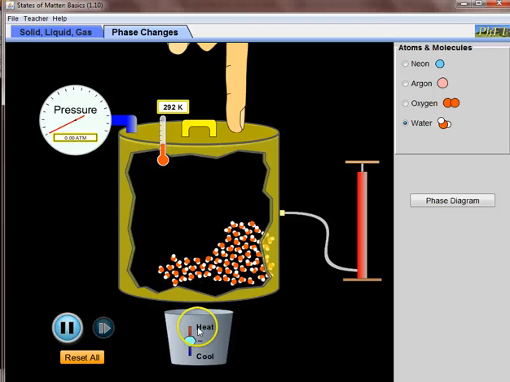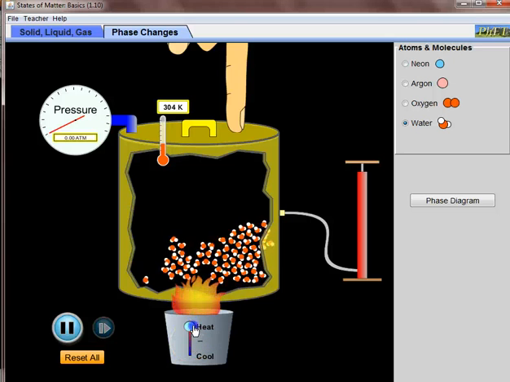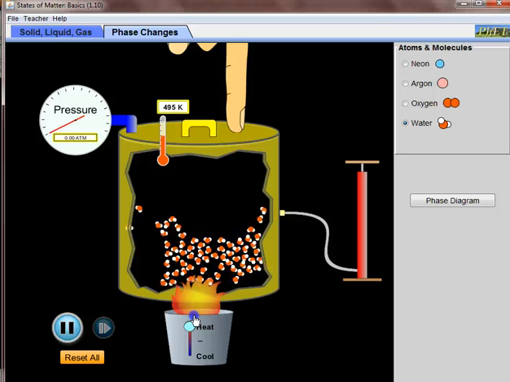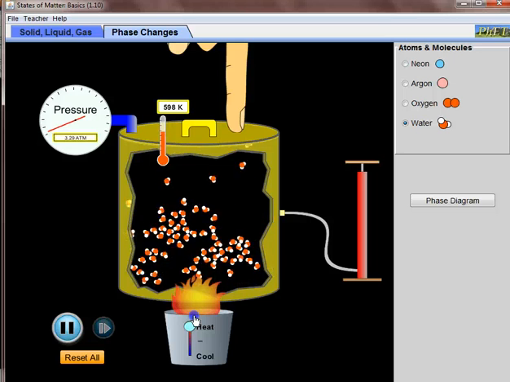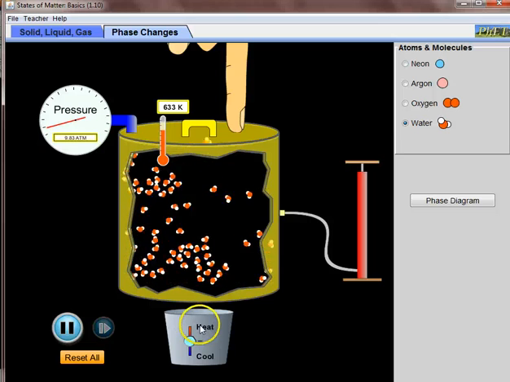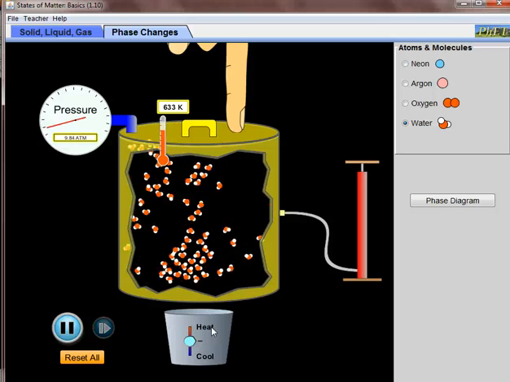Correct? Now as you increase the temperature even more, the vibrational motion is not there because the particles are free to move. The vibration can only happen if there is no space to move, correct?